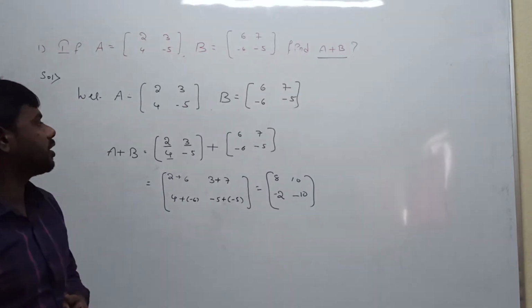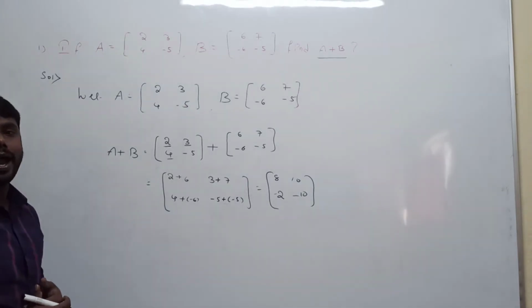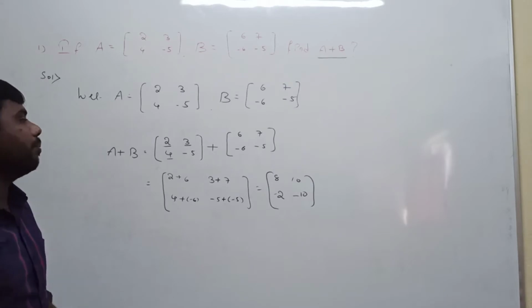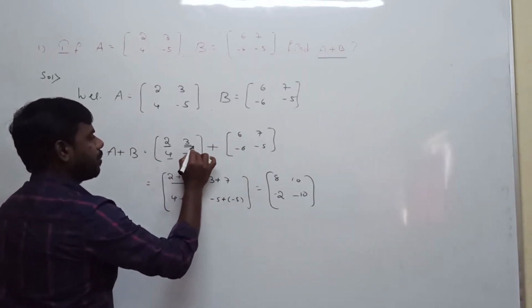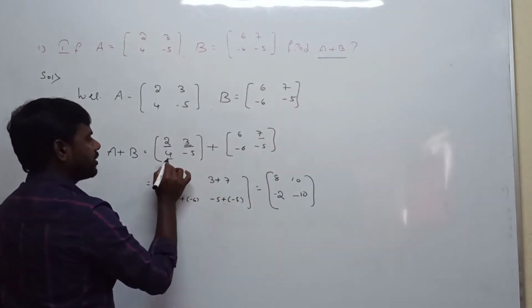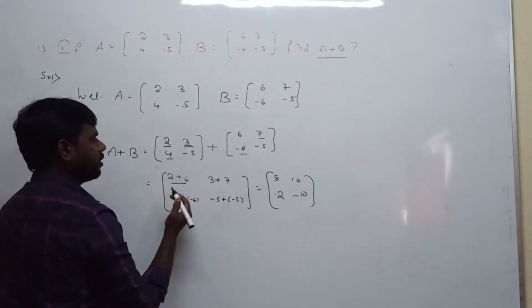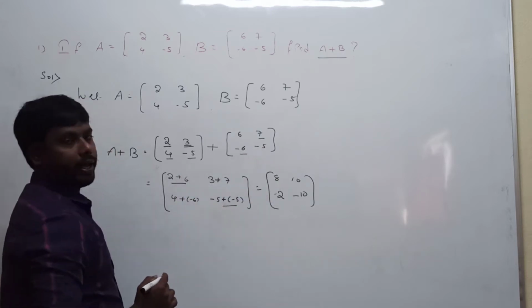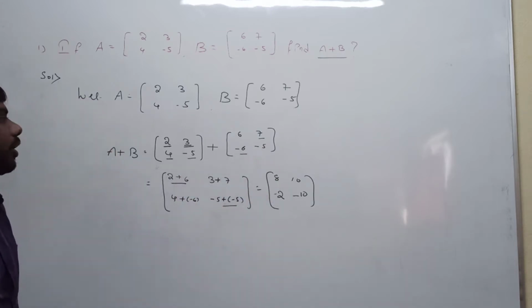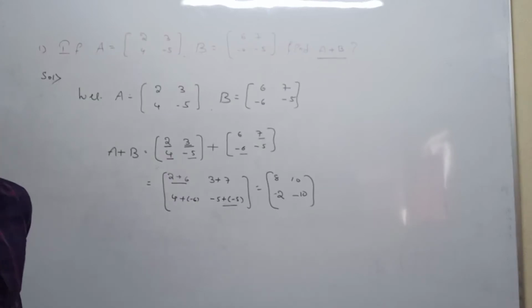So how do we add two matrices? We add corresponding elements: first element plus first element, second place plus second place, second row first place element plus first place element, second row second element plus second element. Now we are adding corresponding elements in the given two matrices.